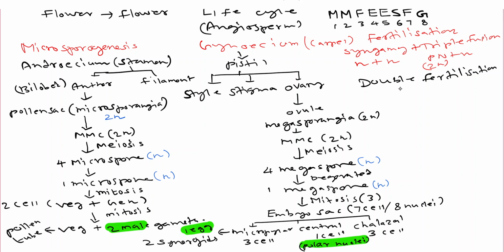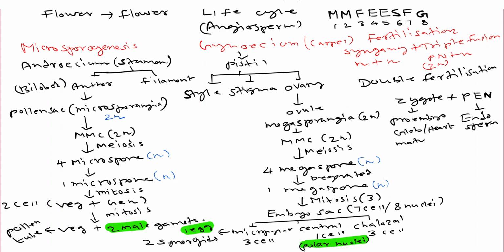After the double fertilization takes place, we can find 2 things, zygote and primary endosperm nucleus. These will turn into endosperm, which literally works as nutrition, and the zygote will be turned into a proembryo, globular embryo, heart-shaped embryo, mature embryo.